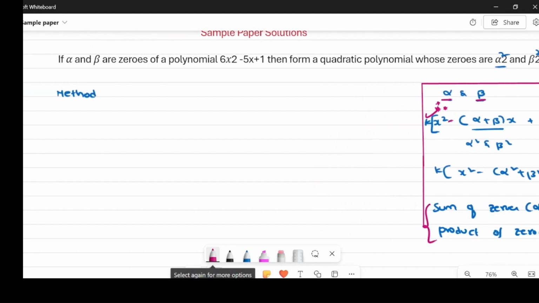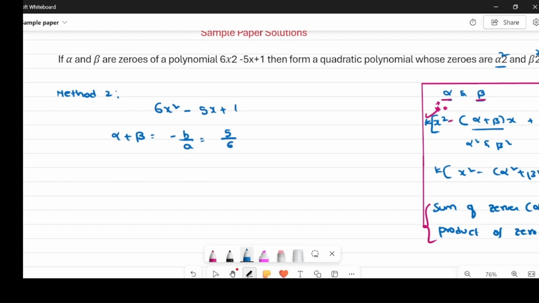So from this, since we have the polynomial 6x square minus 5x plus 1, alpha and beta are zeros of this, right? So here from this we can write alpha plus beta as minus b by a, so it will be 5 by 6.